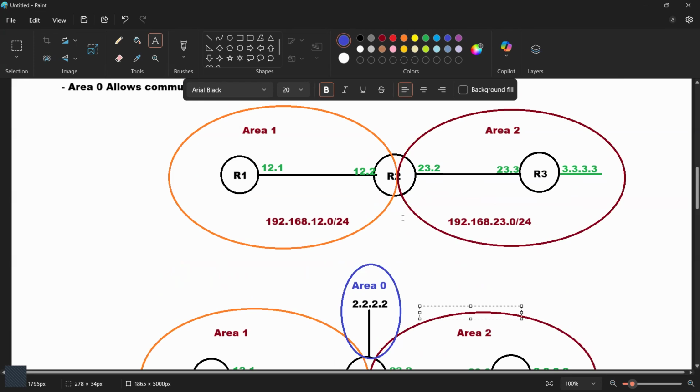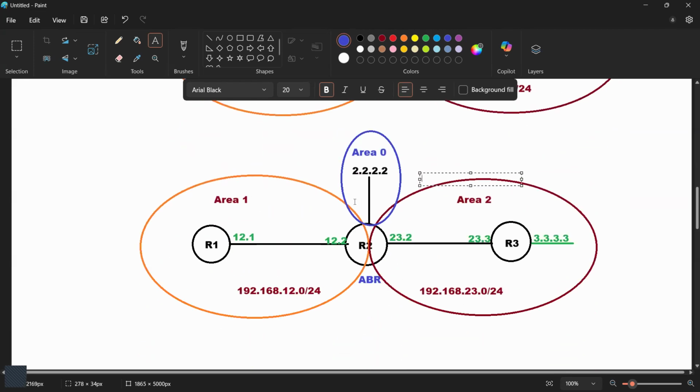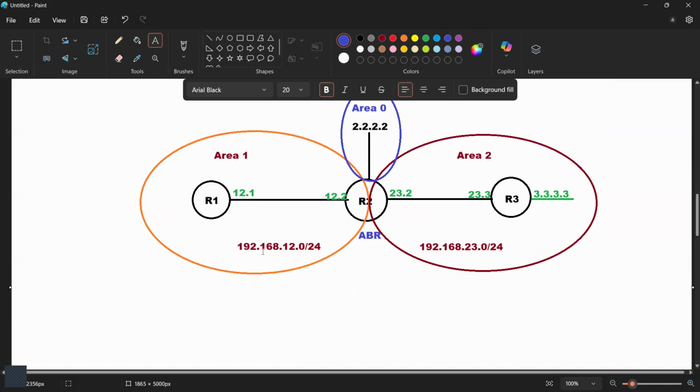But a router that has at least one of its interfaces in area 0 is the ABR. Clear? Online people clear? A router that has at least one of its interfaces in area 0 is an ABR. Okay, you can note it down.